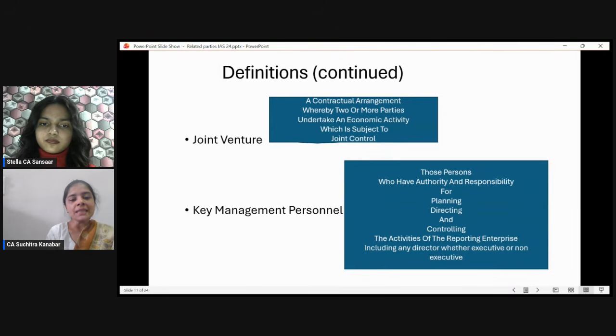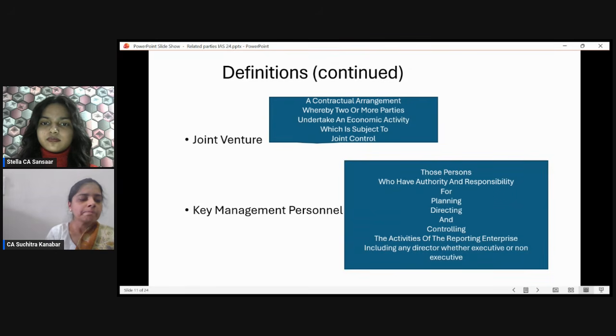So Mr. X is a key management personnel of M Food Limited. Since he has 70% shares of R Food Limited, he controls the activities of R Food Limited. So, in the books of M Food Limited, Mr. X and R Food Limited are related parties, and for R Food Limited, Mr. X and M Food Limited are the related parties.